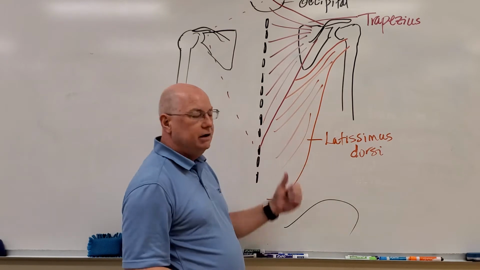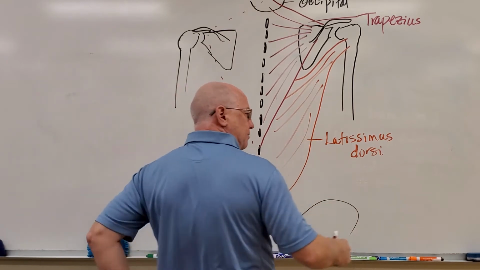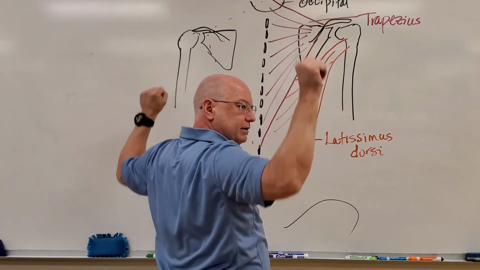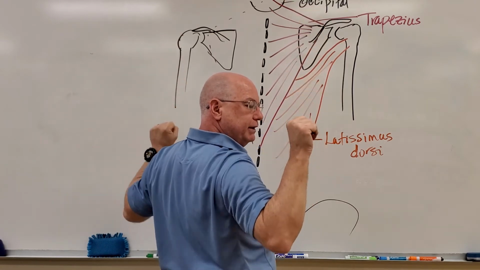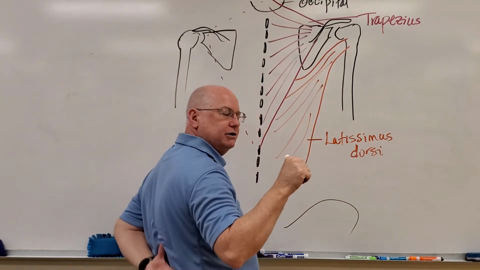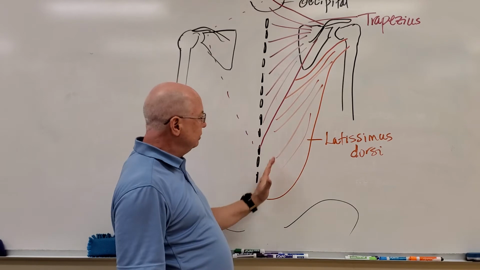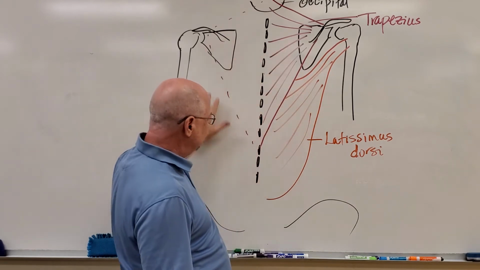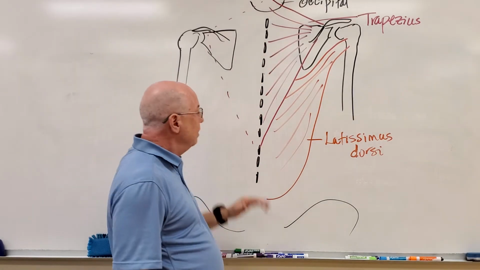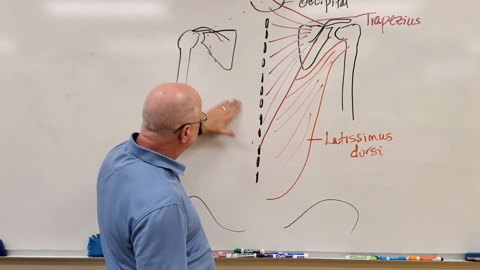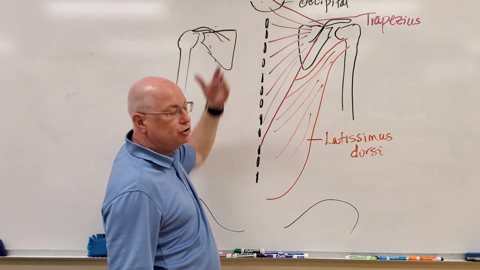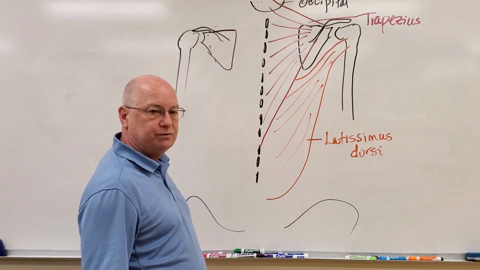Latissimus dorsi. It's a very large, powerful muscle on our back. So anytime you're doing pull-ups or pulling down, they call it the lat pull down, latissimus, or any kind of back muscle exercises. These muscles cover most of our back. On this side, we've cut and reflected the trapezius and latissimus so we can see some of the deeper muscles.